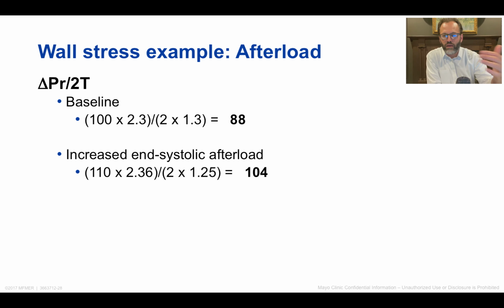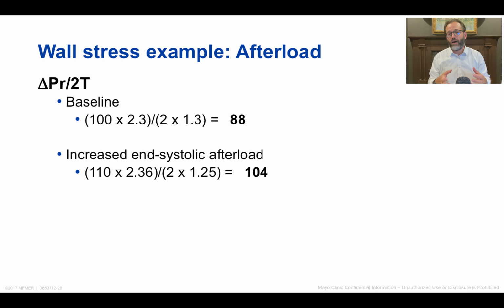But when we look at the increase in end systolic afterload now, it goes up with that increase in 10 millimeters of mercury. What we have is an increase in afterload going up to about 104. If you recall before, even during diastole, with the increases in volume that we had there, going from 92 to a little bit over 100, there we had an increase in pressure of about 5 millimeters of mercury, right?